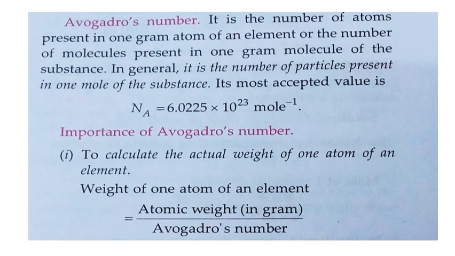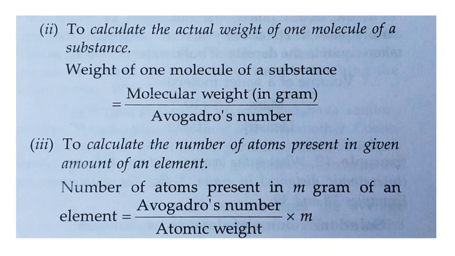Its importance is in the calculation of the actual weight of one atom of an element, which will be the atomic weight divided by Avogadro's number. To calculate the actual weight of one molecule of a substance, it will be the molecular weight divided by Avogadro's number.